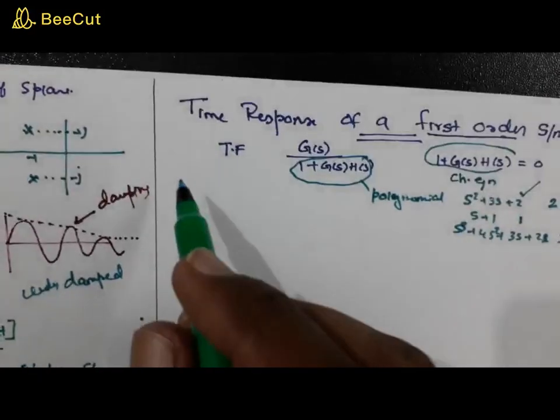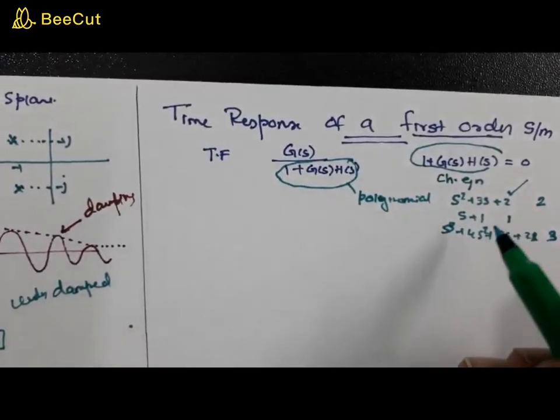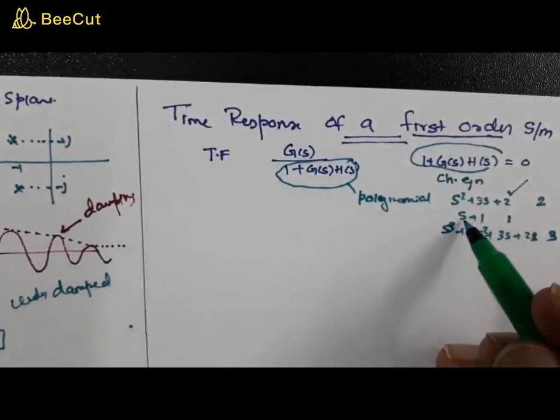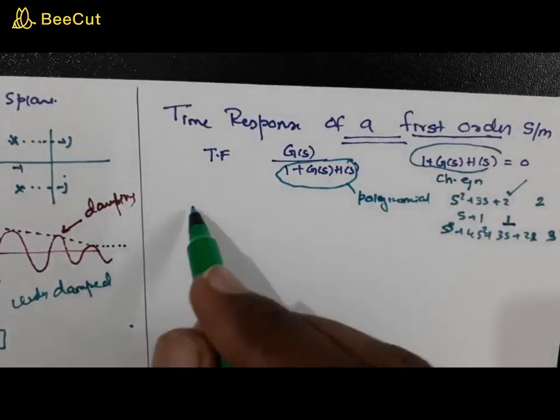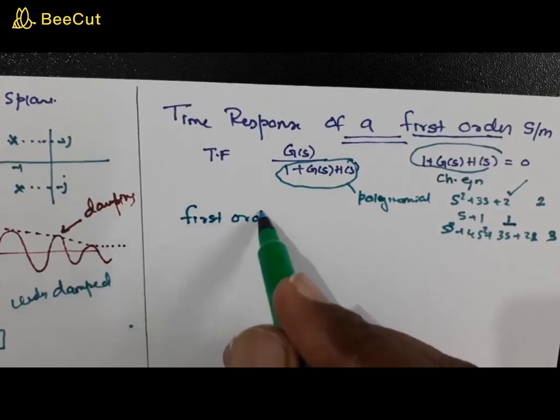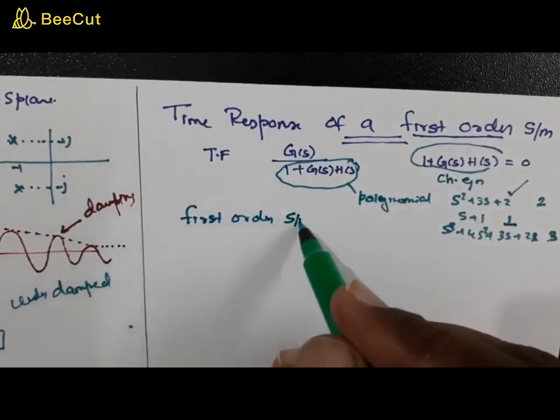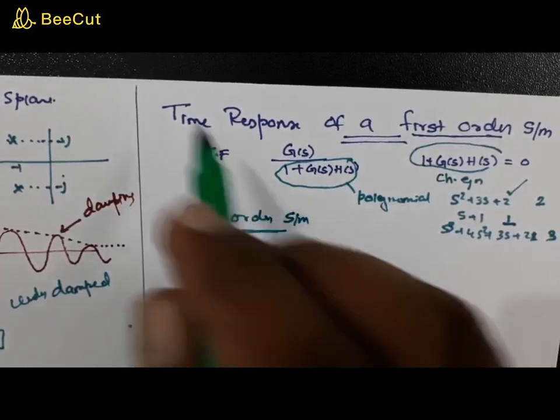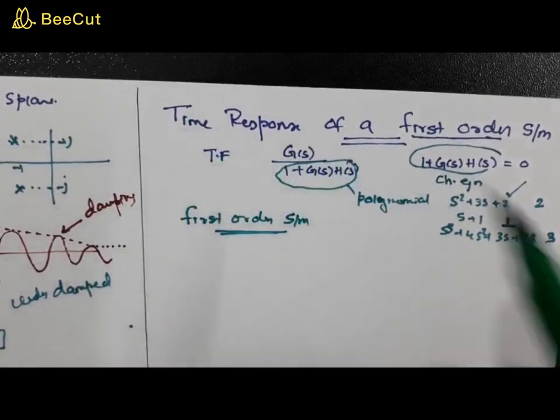When the characteristic equation of a system has order 1, we call such a system a first order system. This is to be made very clear before going into finding the time response.